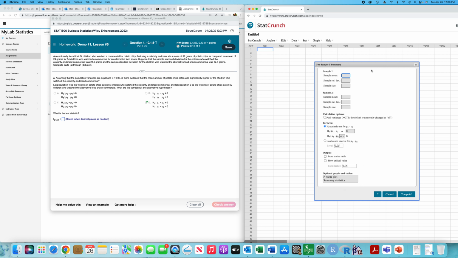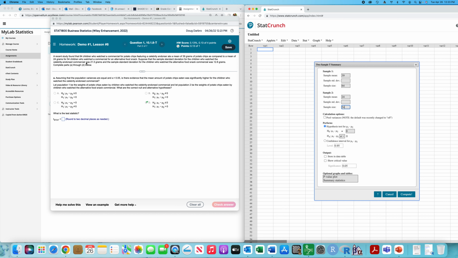Sample mean number 1 is going to be 39 compared to a mean of 24. I had 64 kids in the sample, and it looks like I have 54 who watched the alternative food snack.